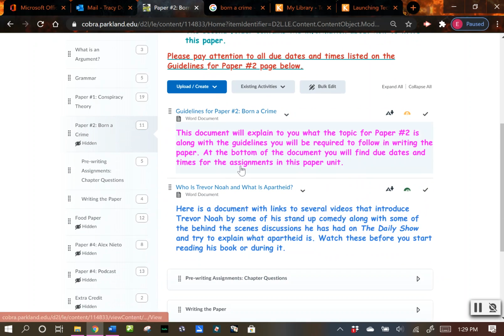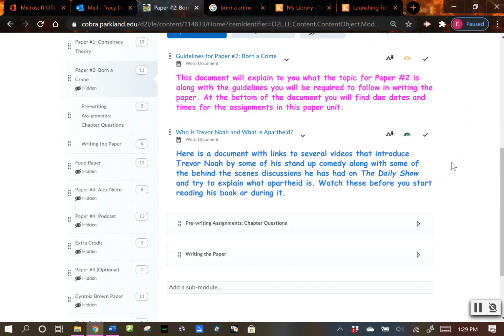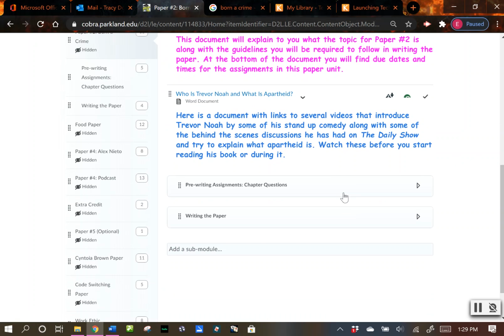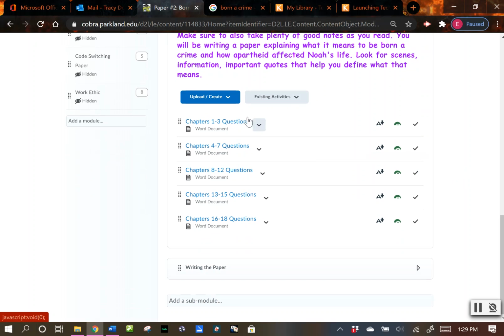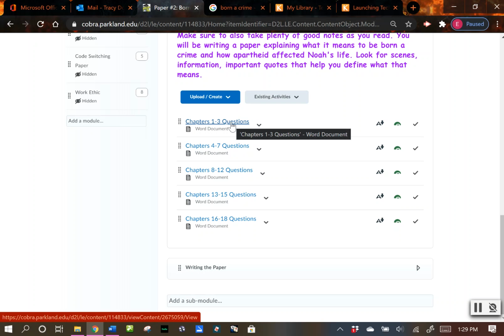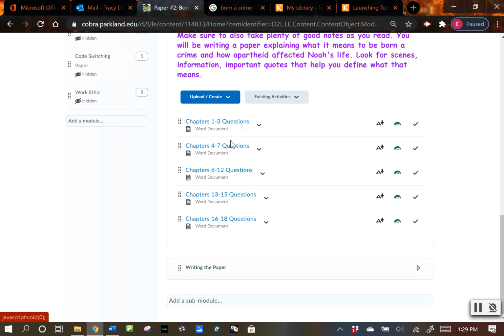Alright, so there's your guidelines, there's who Trevor Noah is and what is apartheid, and then we have our 2 folders, the pre-writing assignments. So for this, what you're going to do with pre-writing assignments is you're going to read the book, and with each book there are going to be questions for each chapter. Usually when I teach this, I teach it in groups, so like here chapters 1 to 3, 4 to 7, 8 to 12, that sort of thing.